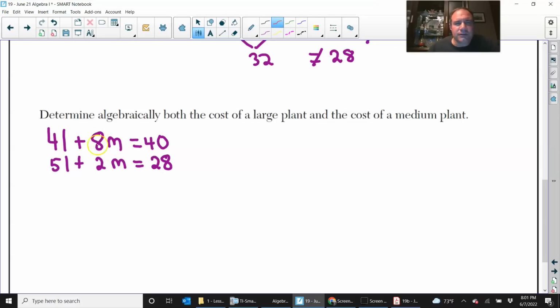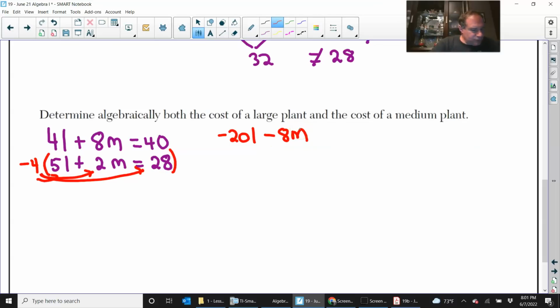Remember, 2 and 8 are multiples of each other, so I'm just going to go ahead and multiply. I need this to be a -8. So if I do need that to be a -8, I'm just going to multiply that by a -4. And then I'm going to do distributive property to everything inside that parenthesis. So I am going to go over here and just put -20L minus 8M.